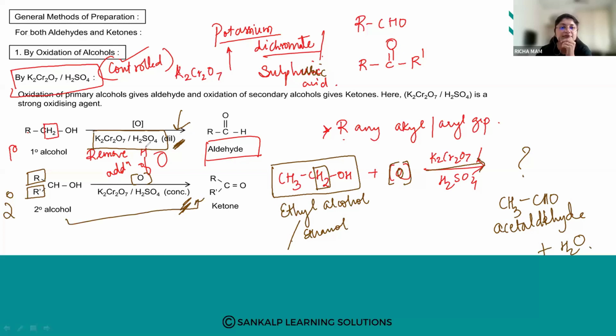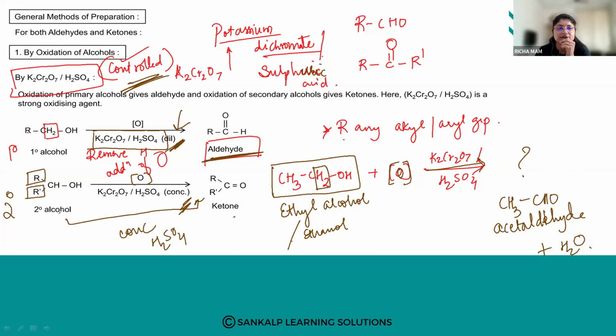So because of that, it is called controlled oxidation. In primary alcohol, we have to convert it into aldehyde, so we take dilute H2SO4. As we want to convert our secondary alcohol to ketone, we are going to use concentrated H2SO4.